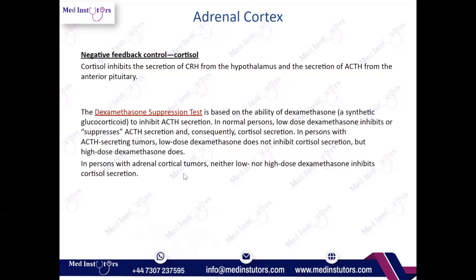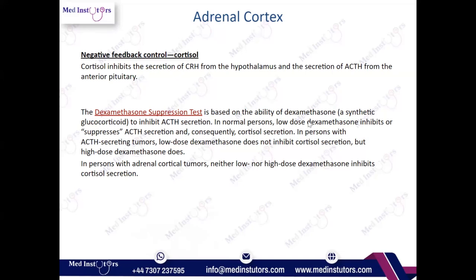And here lies the pathology, you may say, or the mechanism behind the dexamethasone suppression test. It is based on the ability of dexamethasone, a synthetic glucocorticoid, or cortisol you may say, to inhibit ACTH secretion.